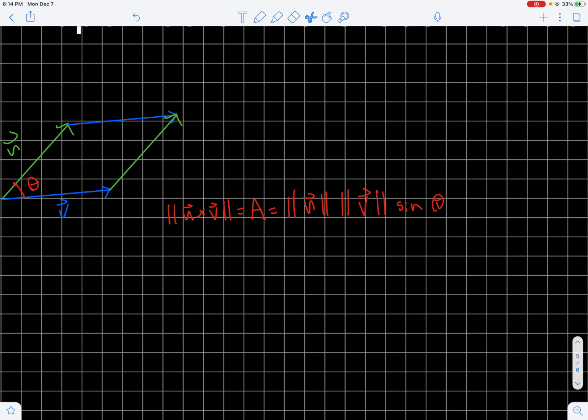Now, not to be confused with our dot product, which was uv cosine theta. This is uv sine theta. It's totally different.